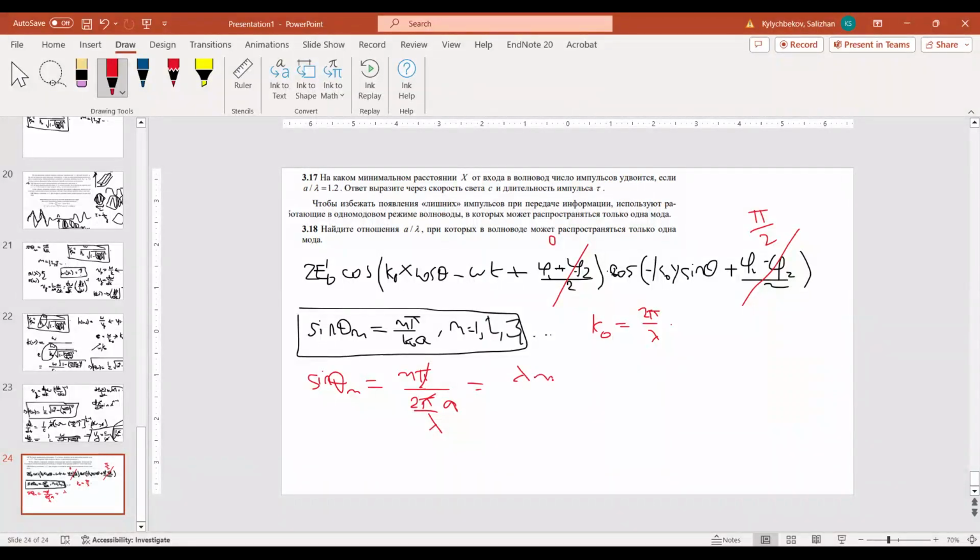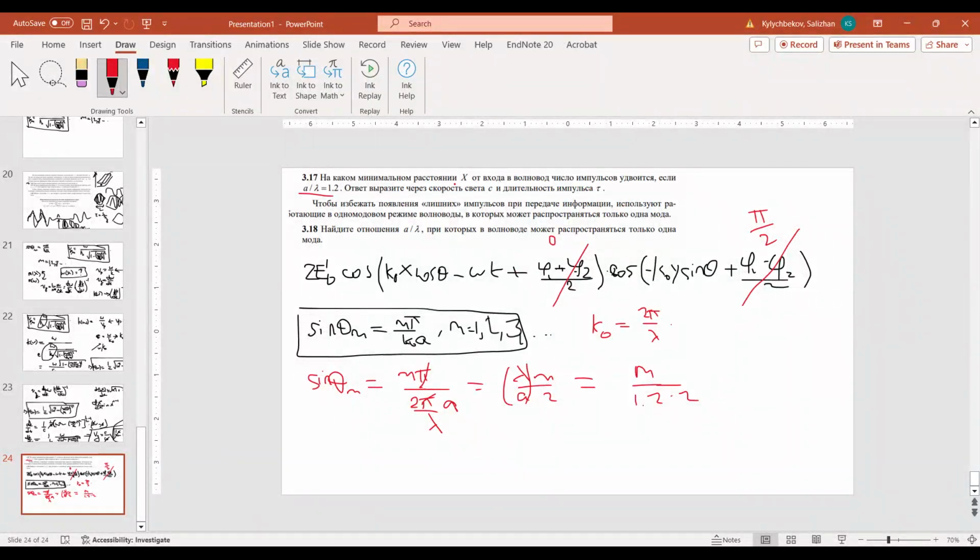Lambda equals m divided by a. A over lambda is 1.2, so m divided by 1.2 times 2.